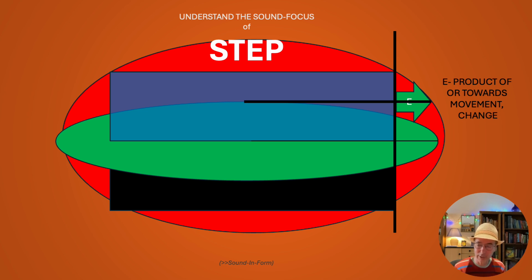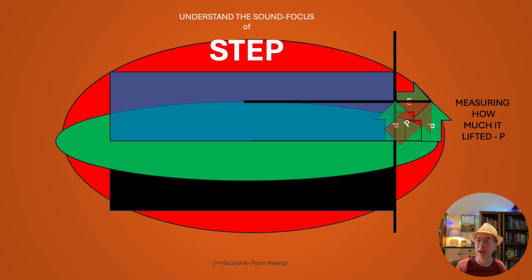It's related with a change. It has a value, and that shows its change. So how much that changed also on the letter S. And with P again, it shows the product of it. So how much at the end you have it. And that's actually what the step is.